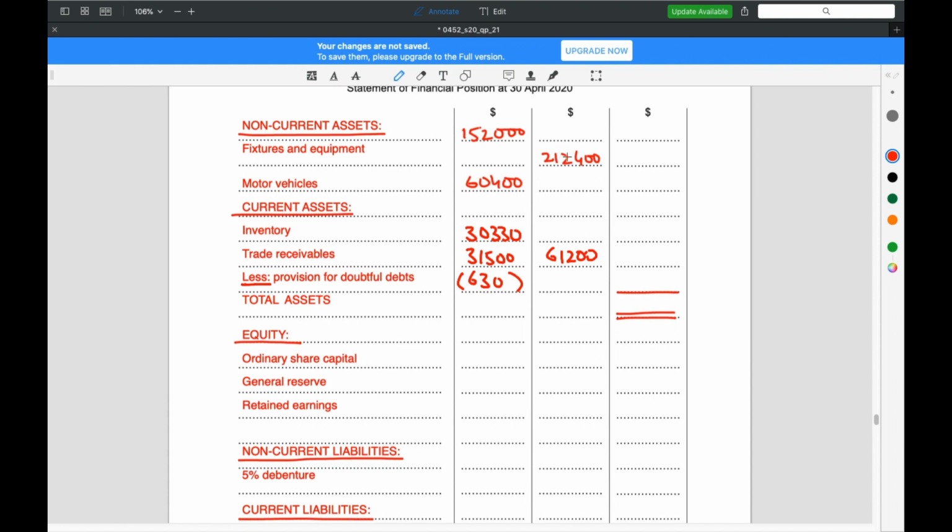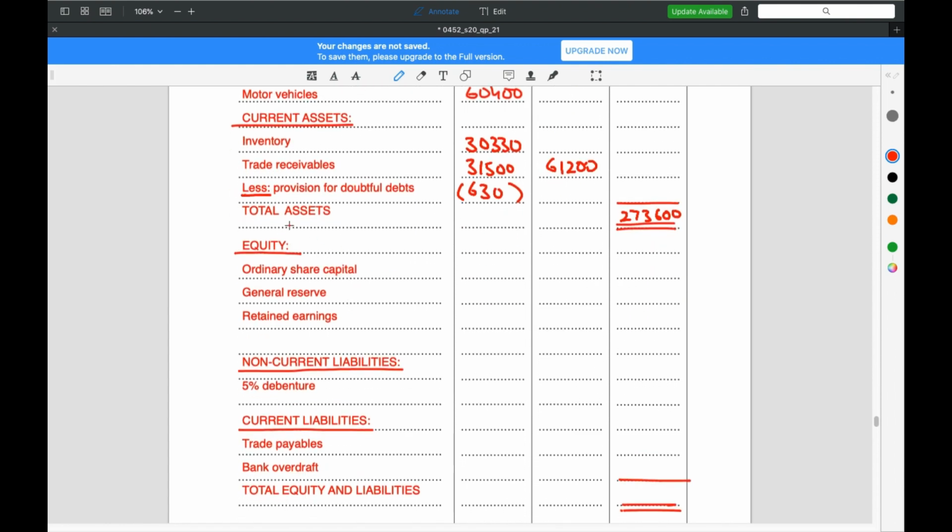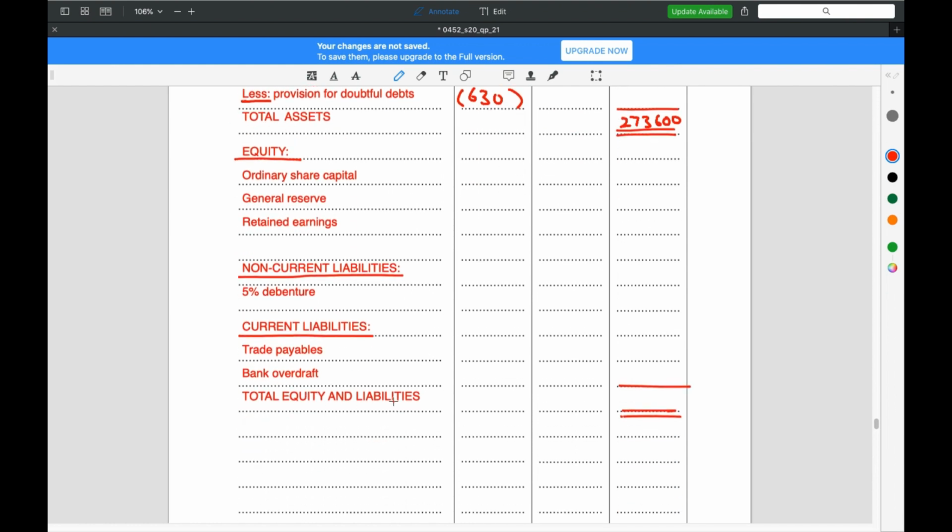And when you total both the non-current and the current assets, you're going to get total assets of $273,600. So you have to hope for the best that the total equity and liabilities also total to $273,600.